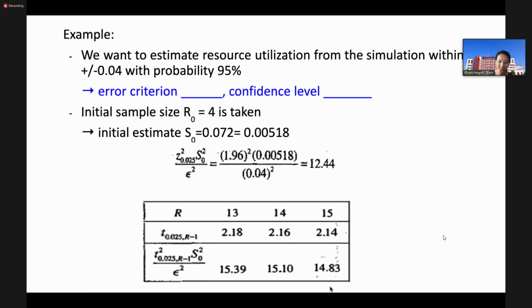So what is our H0? What is our initial half width if we run four replications? Can you calculate this one?